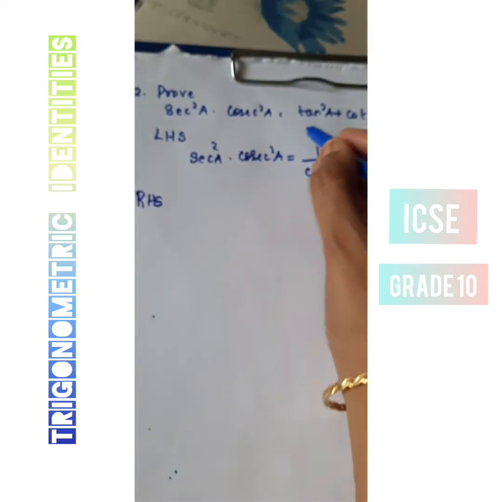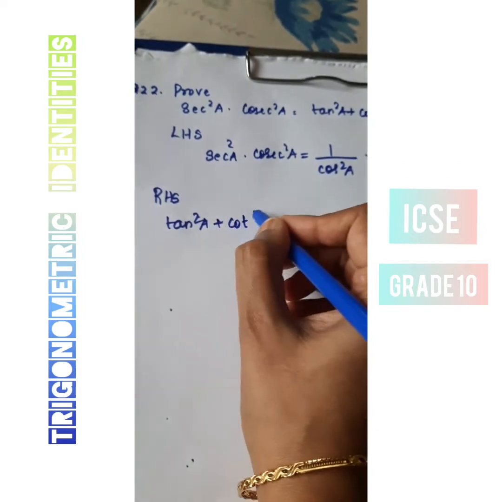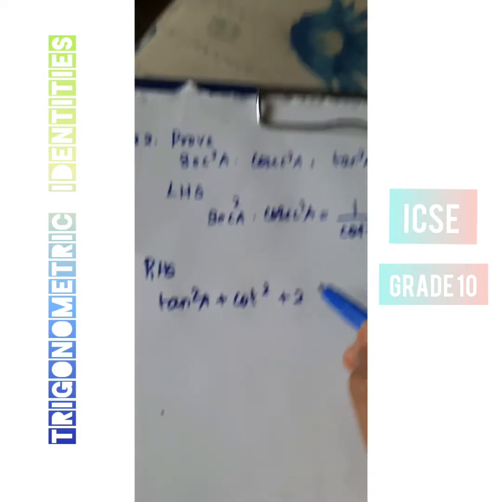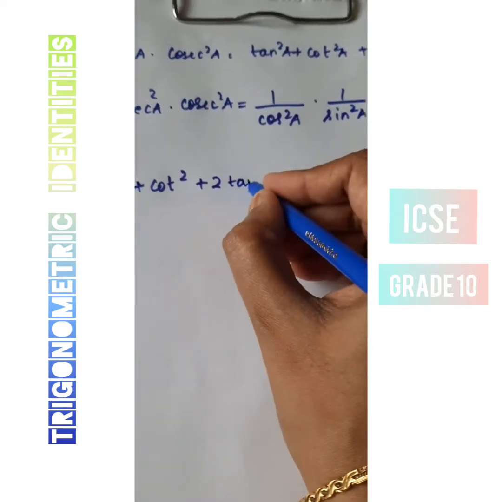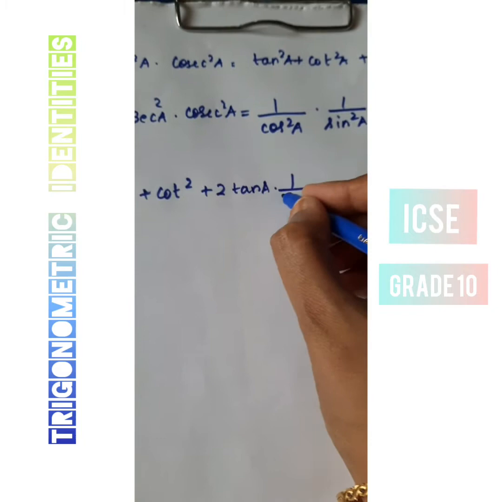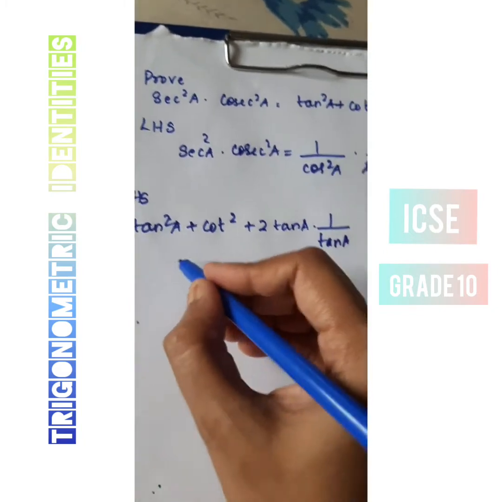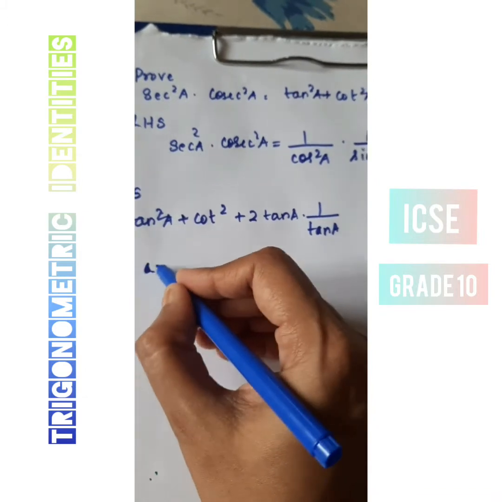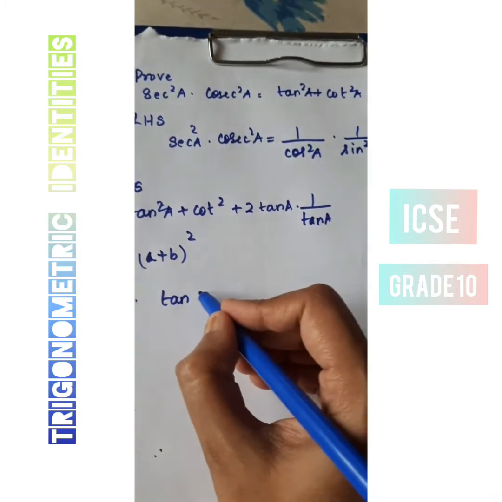RHS is tan square plus cot square plus 2. So here, 2 can be multiplied by tan into 1 by tan, that's 1. Just we are trying to bring it to the format where RHS and LHS are the same.